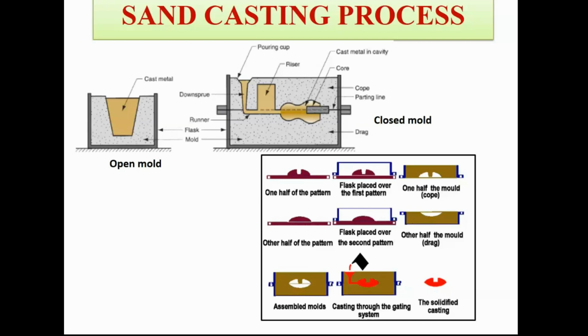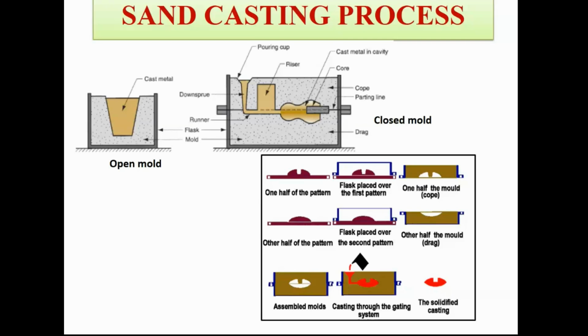This casting process is divided into different types of casting processes, like sand casting, which is our basic casting process. Then we can perform casting using permanent die molds, or mold cavities.